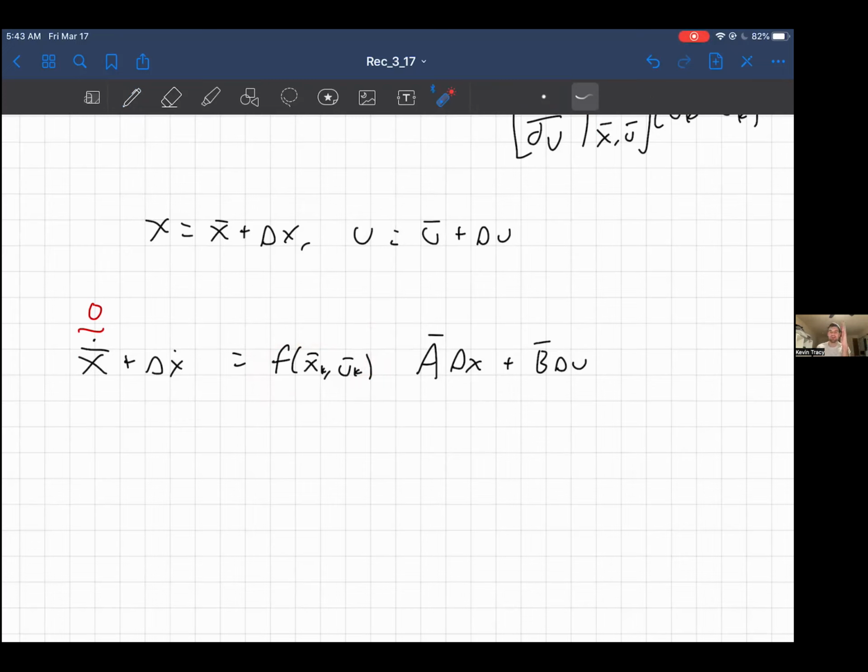But if it's sitting there perfectly up top, it'll stay right there. So when I plug in a control of 0 and a state of x equals 0 and theta equals pi, the cart pole is just standing upright. If I plug in that state and control, I get no change. My derivatives are flat. That means my system is not changing whatsoever. It's stable up there, right? In a very scary sense. So this thing is going to be 0. So what I get is delta x dot equals A bar delta x plus B bar delta u.